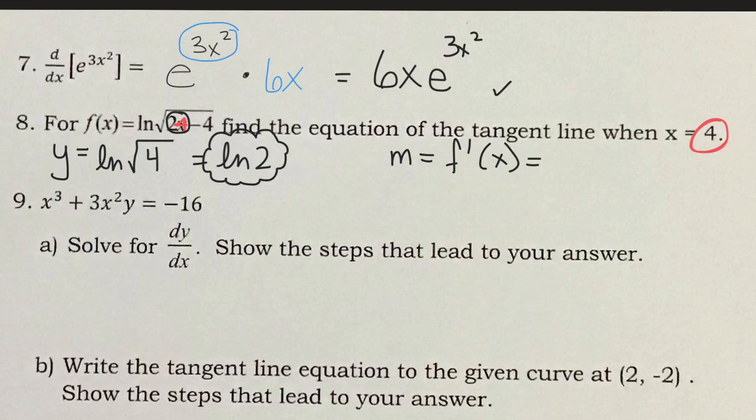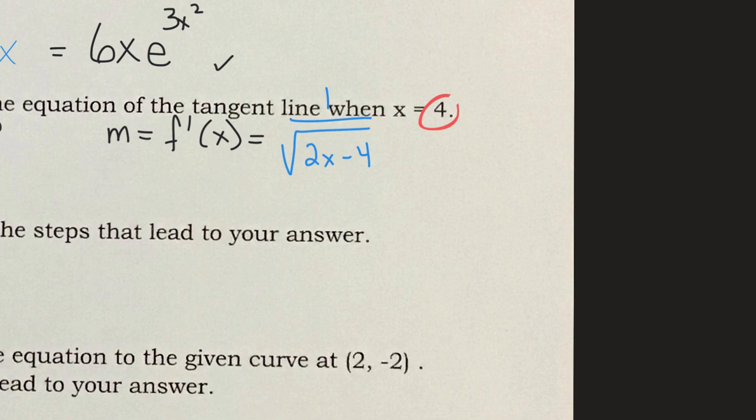The derivative of a natural log function is always going to be a chain rule. So we have 1 over the argument. So 1 over the square root of 2x minus 4. Right? That's the natural log part. 1 over whatever the argument is. Now to finish off, we have to find the derivative of our argument. This is the chain rule portion.